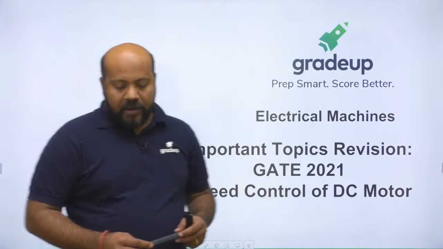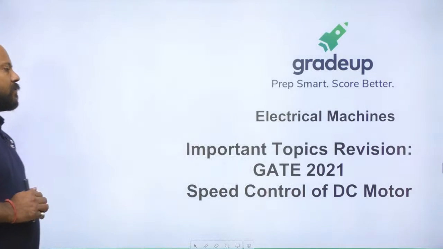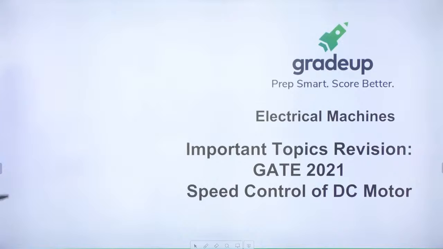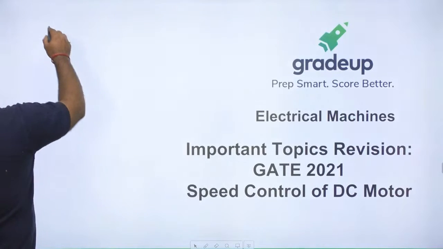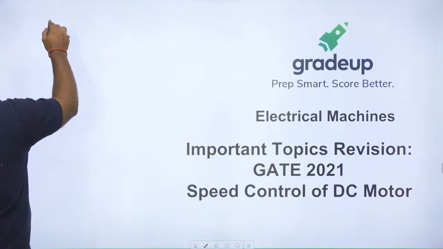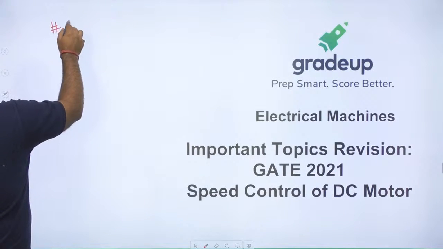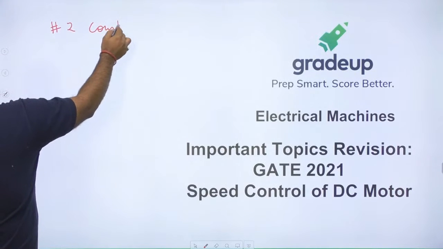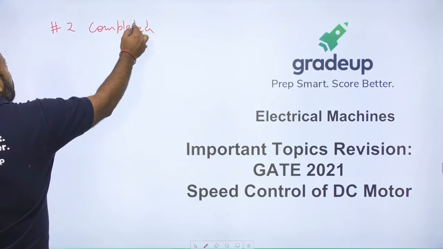Now, till you report me this, let me just brief you about the session. In this series of sessions, we are discussing the important expected topics for GATE 2021, and we have completed 2 lectures. If you have missed these lectures, then you can watch them.